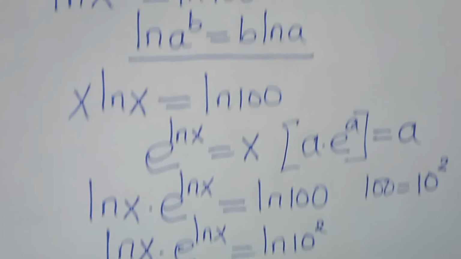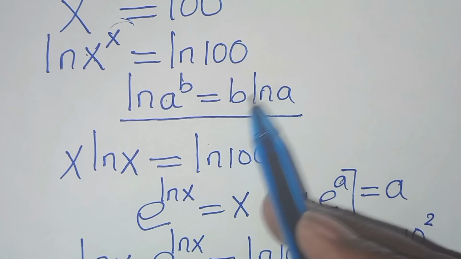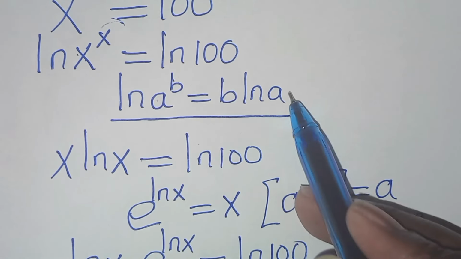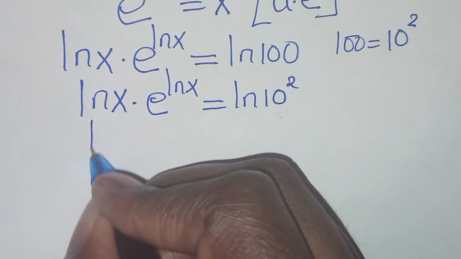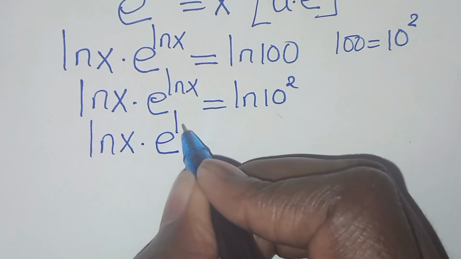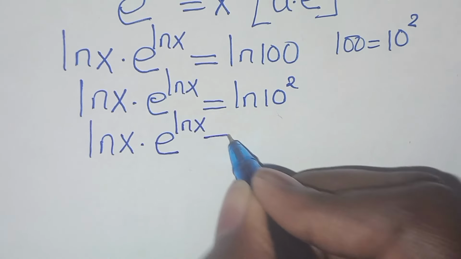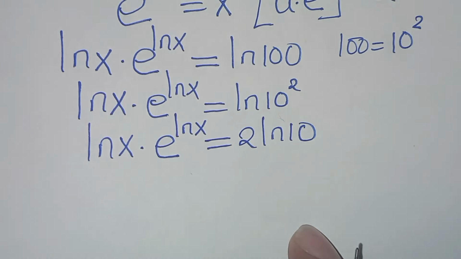Now, applying this natural log property, that is ln of a to the power of b equal to b ln of a, we have ln of x times exponent e to the power of ln of x equal to 2 ln of 10.